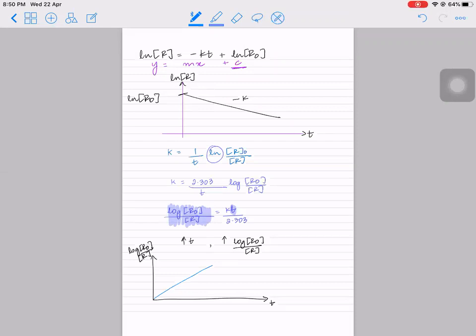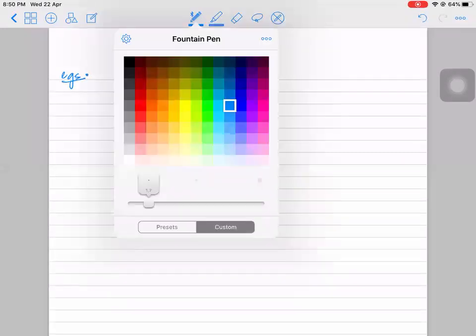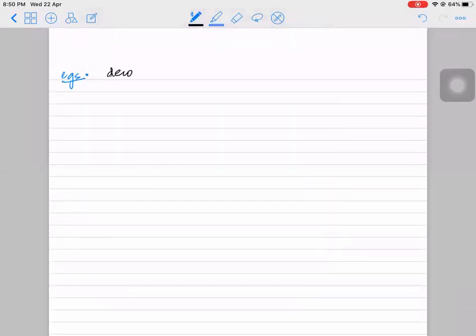Examples, I'll just do two examples for you, and then I'm going to end this video. The examples for first order reactions are decomposition reactions. Decomposition can be radioactive or any other compound decomposing. For example, N2O5 can decompose into 2NO2 plus half O2.